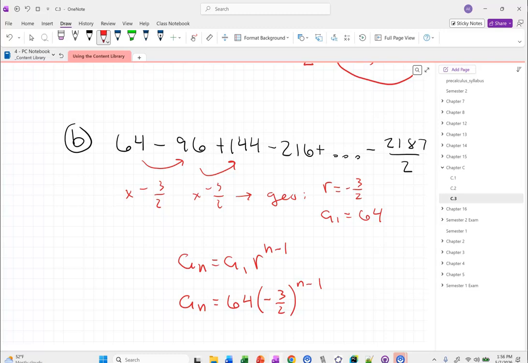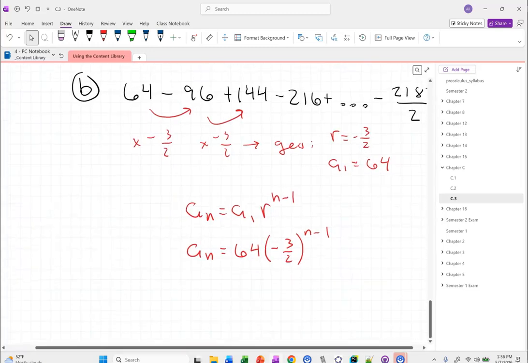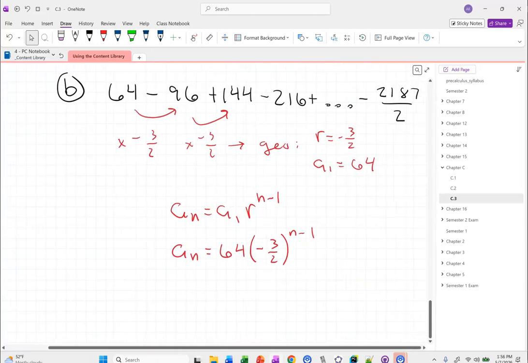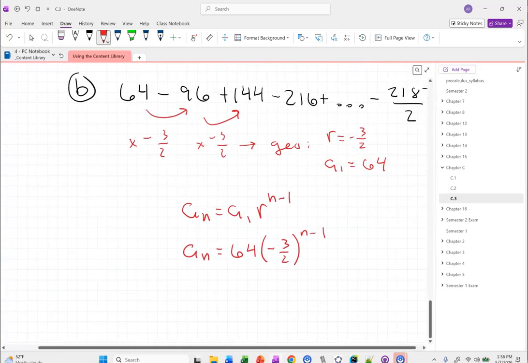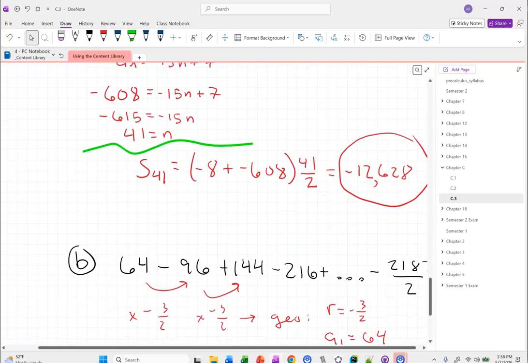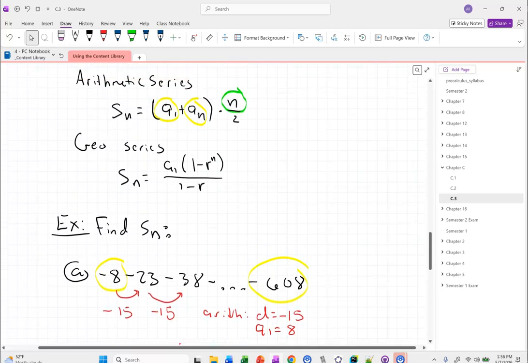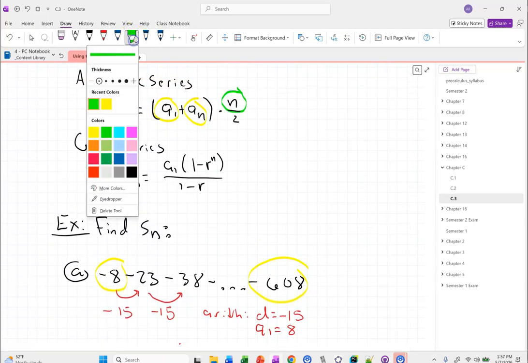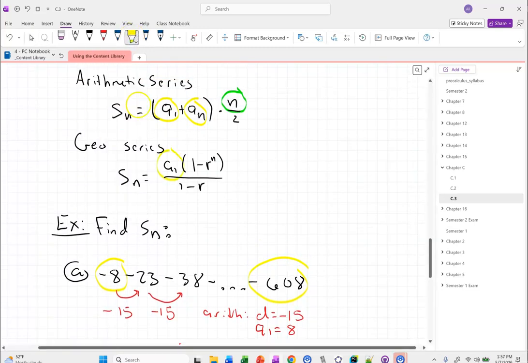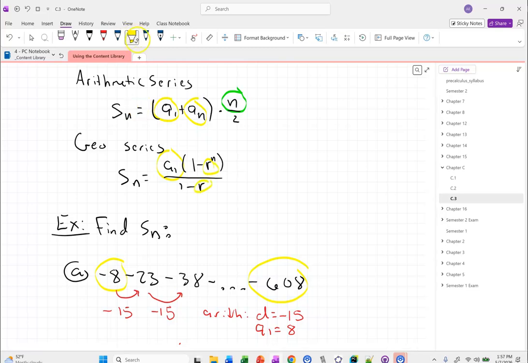Everybody doing okay still? Okie doke. So now we need to figure out the n. That's the last piece in our formula, right? If I go back and I look, we have the first term, we have the r.